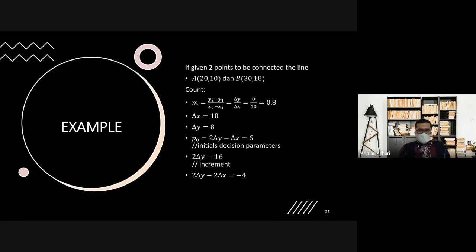For example, if you are given 2 points to be connected by a line, A at 20 and 10, and B at 30 and 18, the first thing you should calculate is m, the gradient. Delta y, the difference in y, is 8 and the difference in x is 10, so you get 0.8.